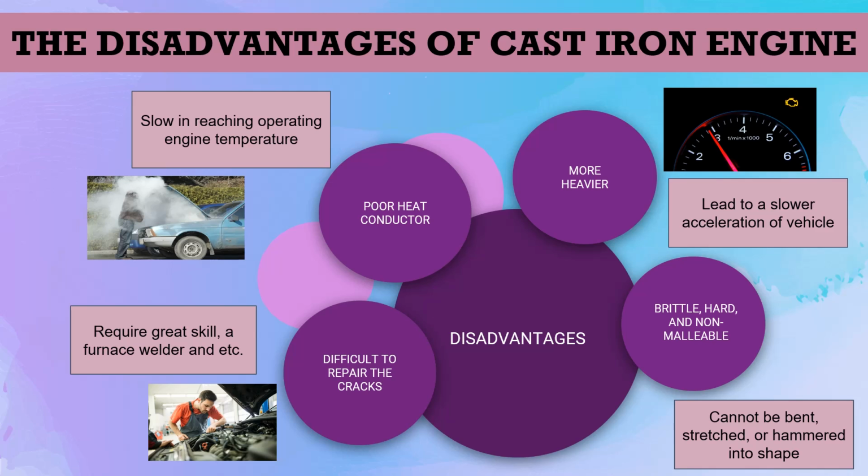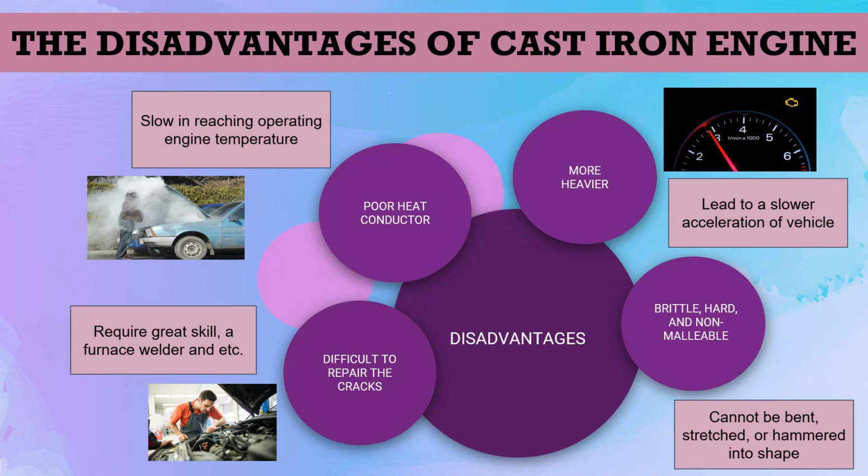Okay, now I'm going to explain about the disadvantages of cast iron engine. There are four disadvantages in this slide. Okay, the first disadvantage is that cast iron is heavier. Cast iron is weak, brittle, and non-ductile.